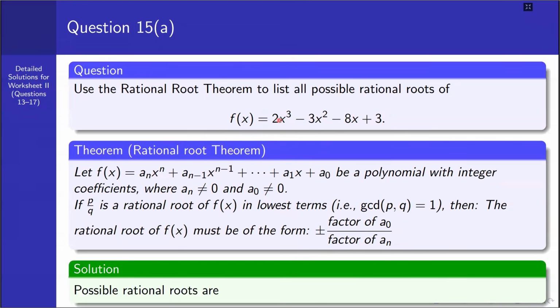Therefore, the rational roots could be plus or minus 1, plus or minus 3, plus or minus 1 over 2, plus or minus 3 over 2, which is the combination of the factors of the constant term, 3, and the factors of the leading coefficient, 2.